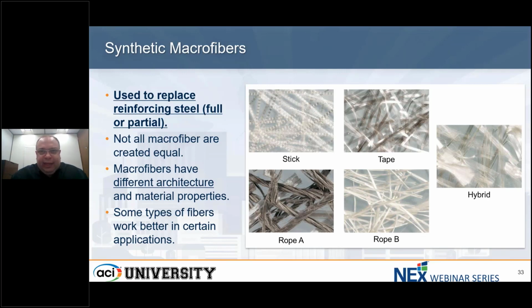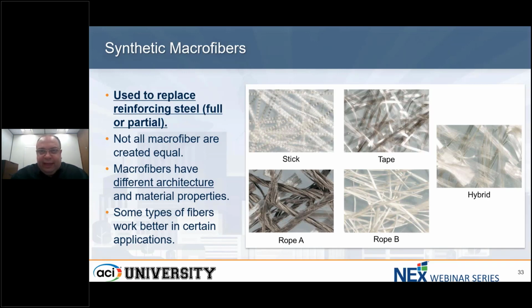And even the same types, if you look at the two ropes I have on there, they don't look the same. So this is something important to note about fibers in general, not just synthetics and macrofibers. There are no standards where two different products are going to give you the exact same performance.